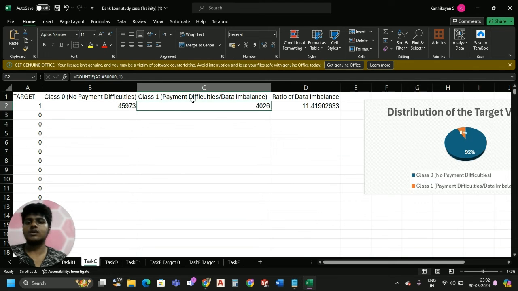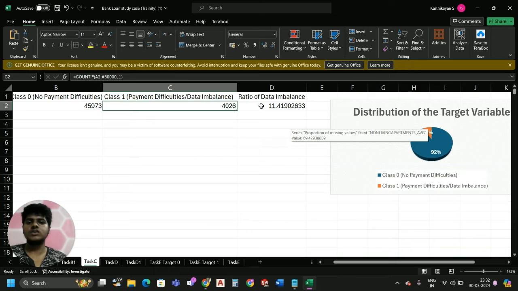When it comes to the clients having payment difficulties, that is loan defaulters, we have used this formula: countif, the range A2 to A50,000, comma 1, meaning the target value 1. Count the number of ones in column A, so that we have 4026 clients who have payment difficulties.